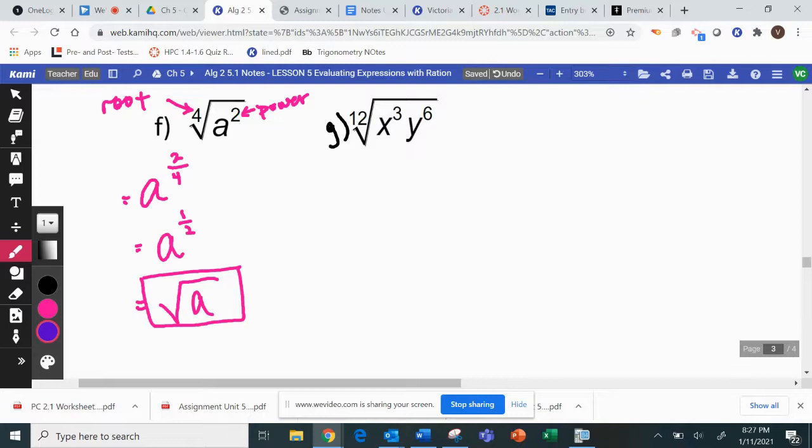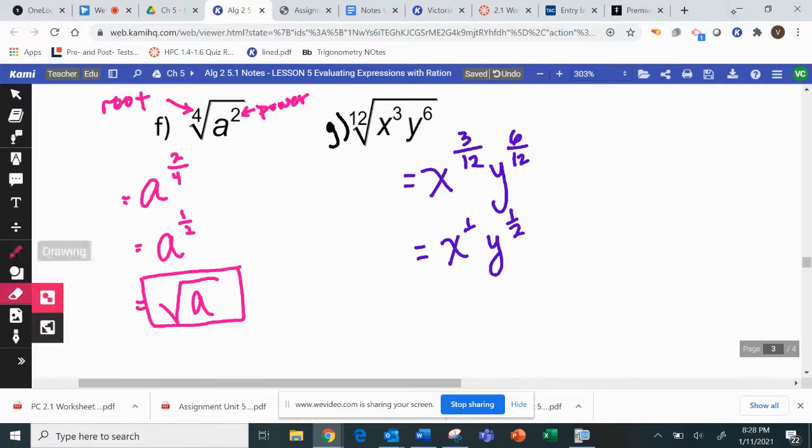Question G, I'm going to do a similar way. We're going to have x to the power of 3 over the root of 12. And then we're going to have y to the power of 6 over the root of 12. All right, so I could do x to the 1/4, y to the 1/2. But they have different roots.